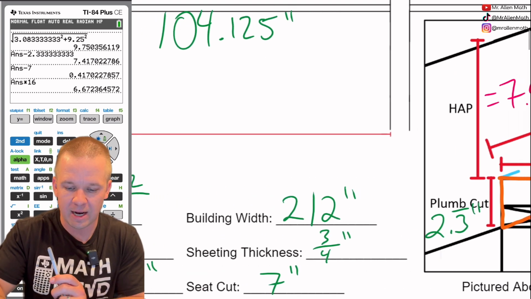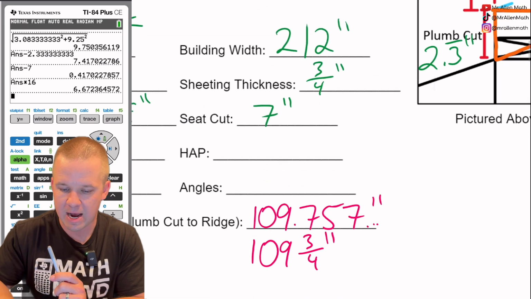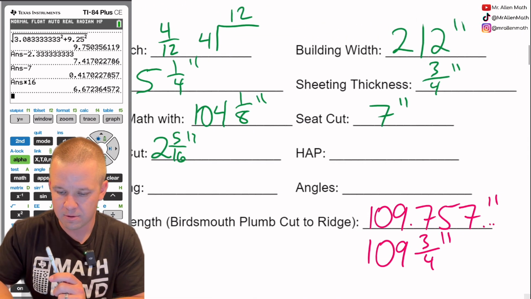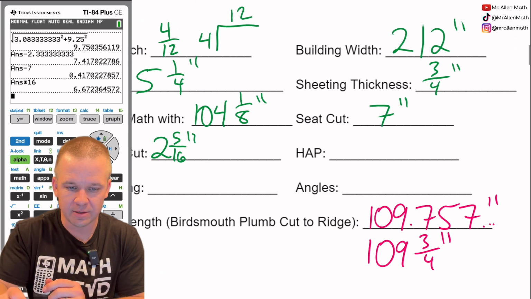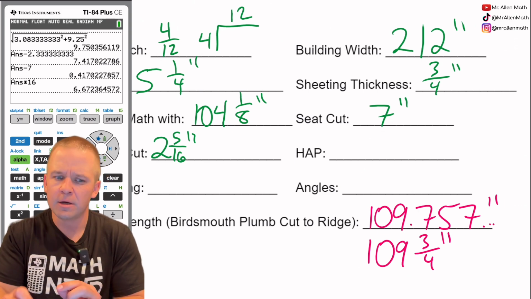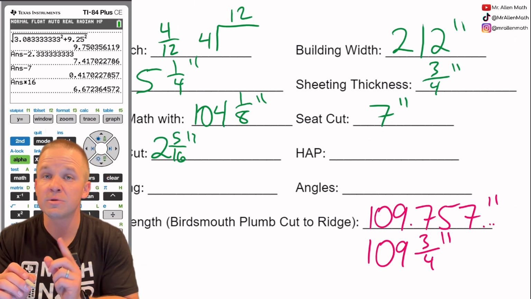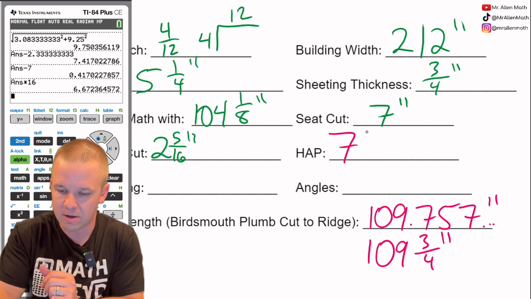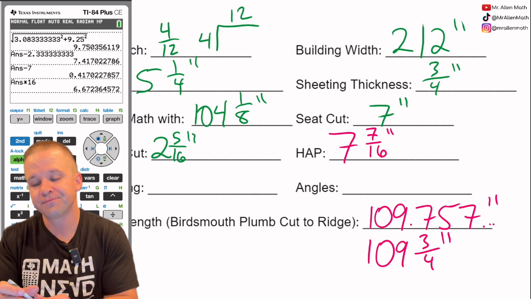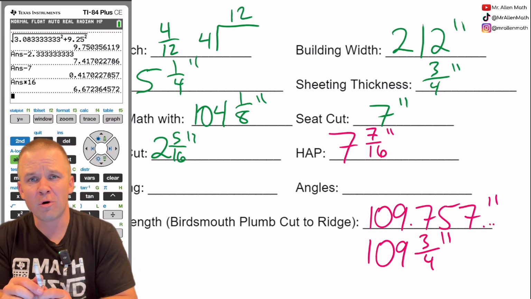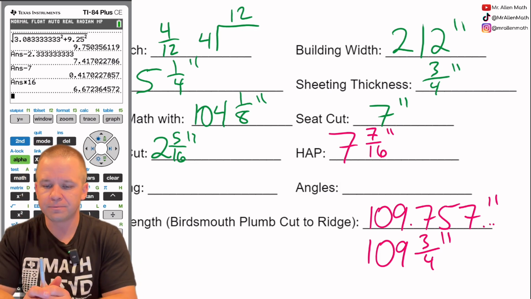And then over on our answer line here, my hap is 7 and 6.67 sixteenths. So 7 and 7 sixteenths inches. Nice. Only a little bit more to go, guys.